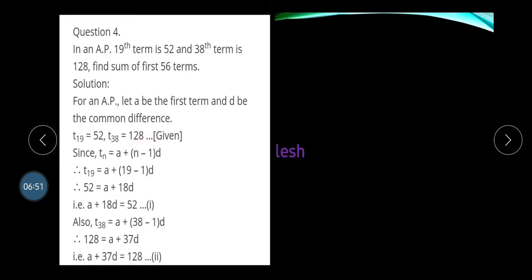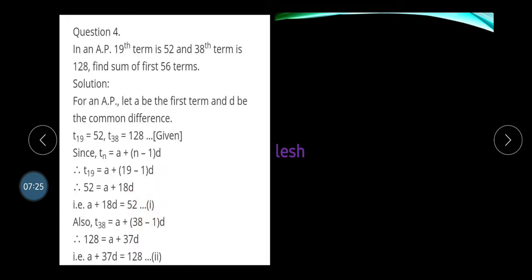So we will be writing the formula Tn equal to A plus n minus 1 times D. Substituting the values which we know, that is T19 equal to A plus 19 minus 1 D. So T19 is given as 52. So we will write 52 equal to A plus 18D. That is, putting it in proper form, that is A plus 18D equal to 52. This becomes our first equation.